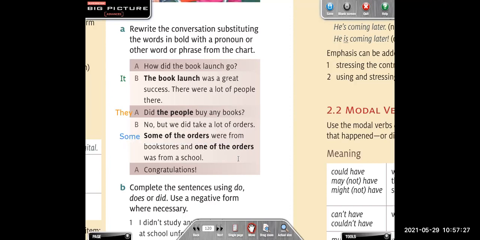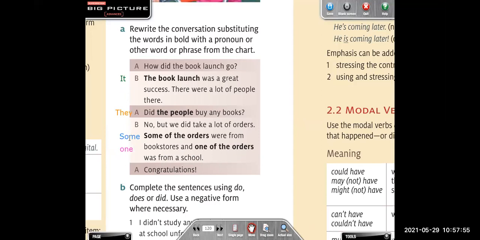And one of the orders was from a school. Congratulations. How can we replace one of the orders? One of the orders. How can we replace all this phrase? One of them. One. Directamente one. One was from a school. Okay?